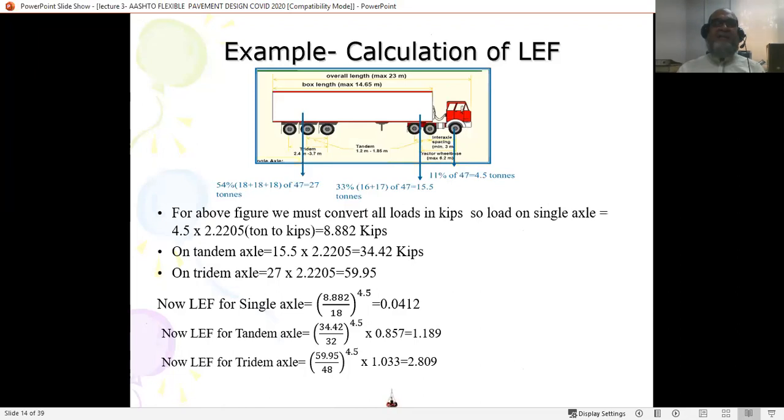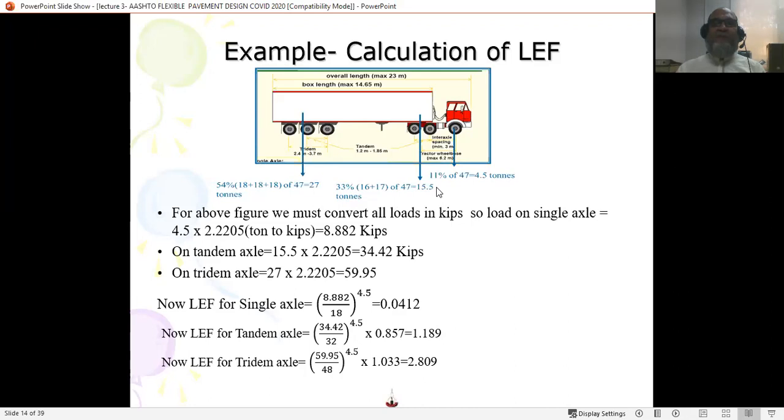Now take this example. We have done this calculation before. In the previous example, we calculated the load in tons, but since H2 requires the load in kips, we will convert each of these tons into kips.